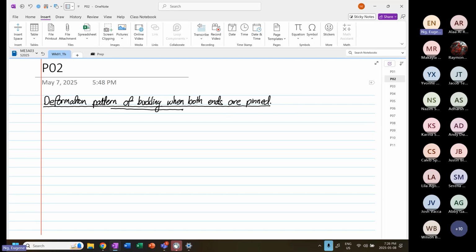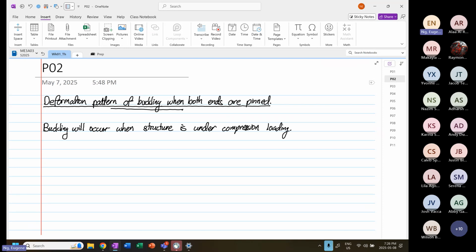So before we go any further, buckling will occur when the structure is under compression loading.